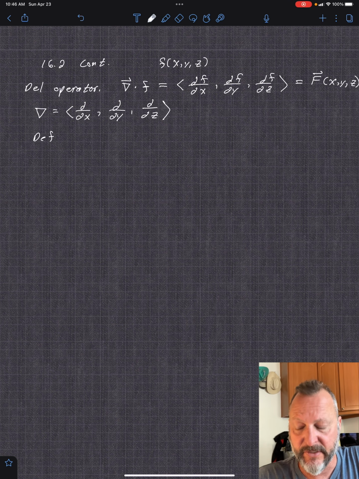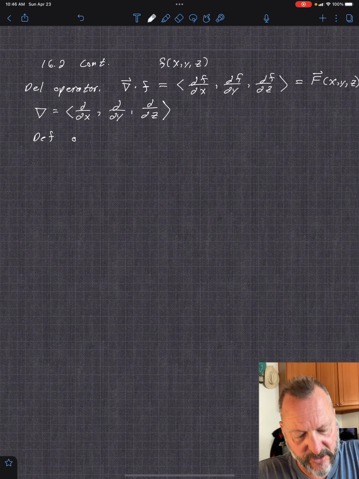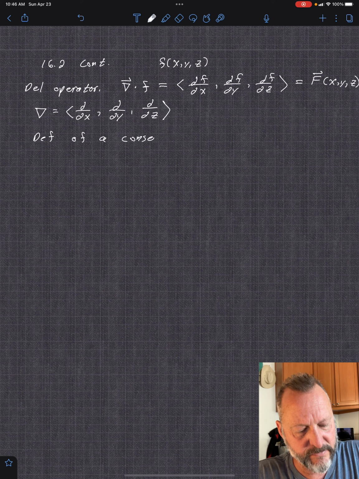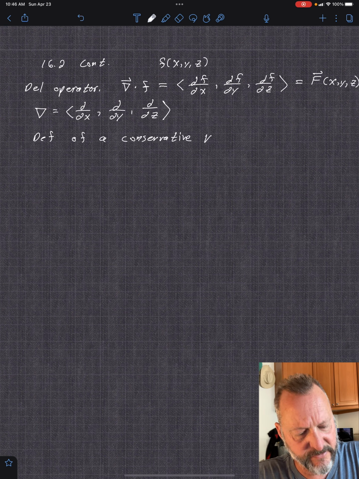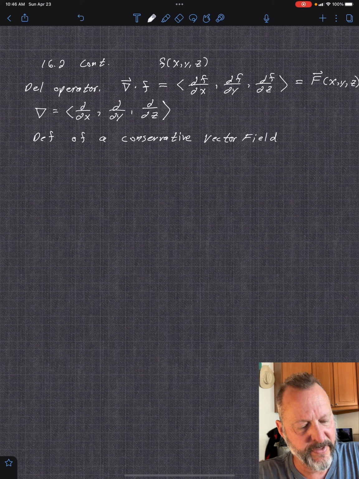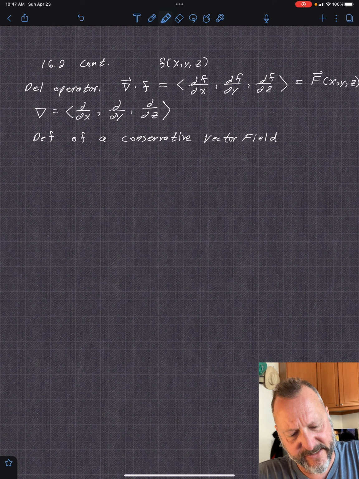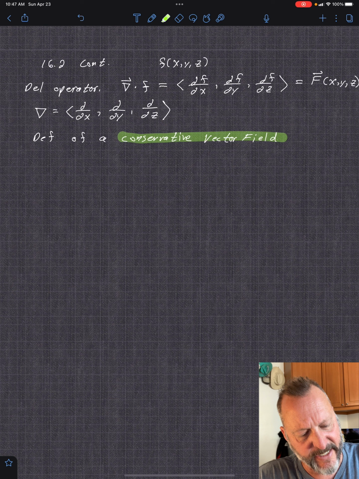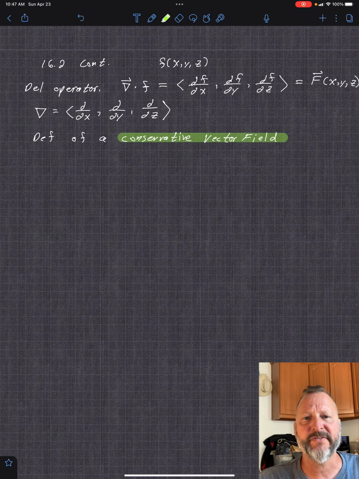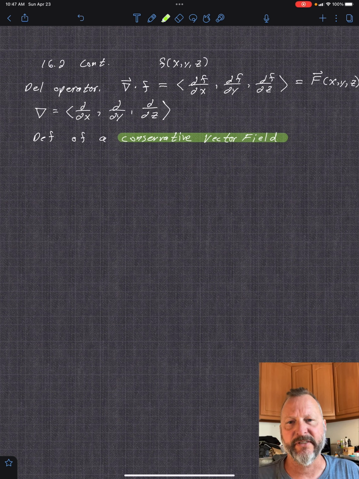Let's define next a conservative vector field. This basically would be like fields that have conservation of energy, is one way to think of it.